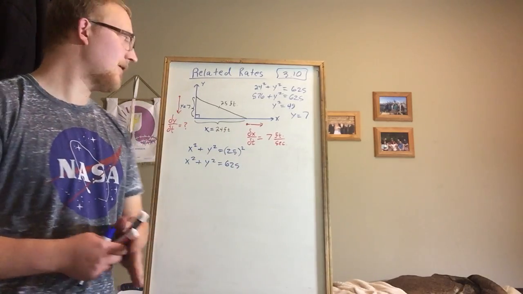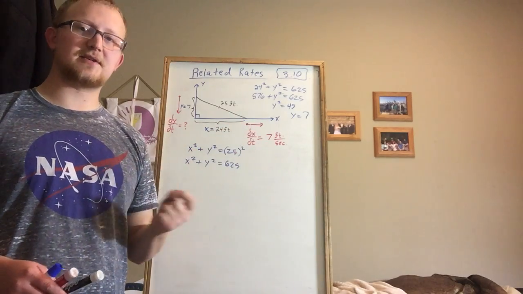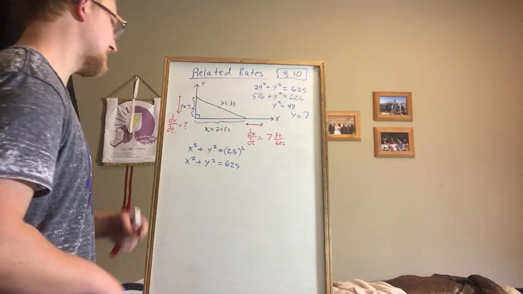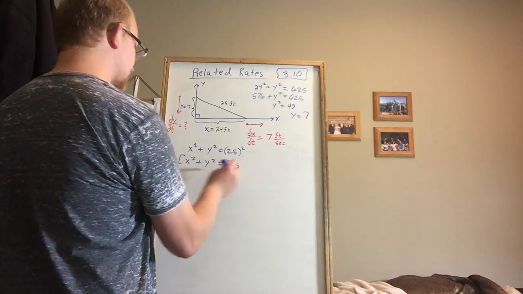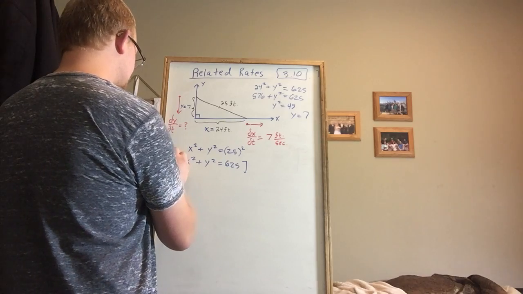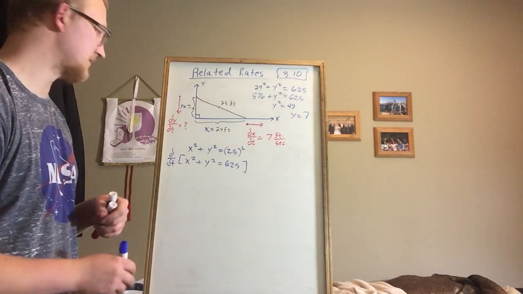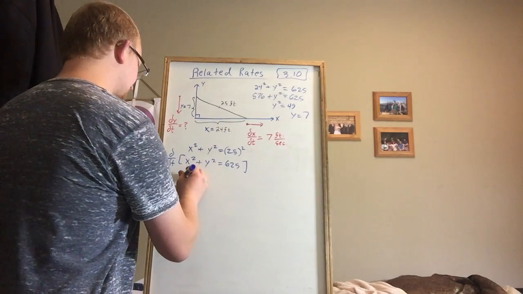Well, the question is, how can we use the information they gave us about the rates of change to solve this problem? And so how we do that is we're going to take the derivative of both sides with respect to time. I'm just going to write this as d/dt with brackets around the whole equation. The derivative with respect to time of x squared is 2x.